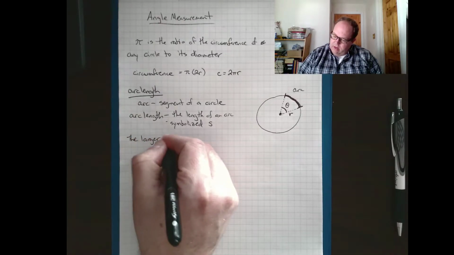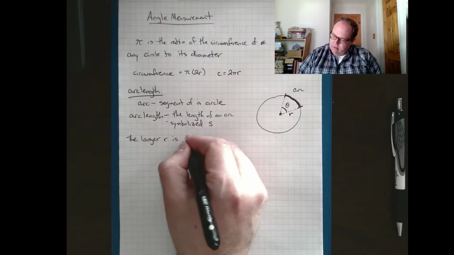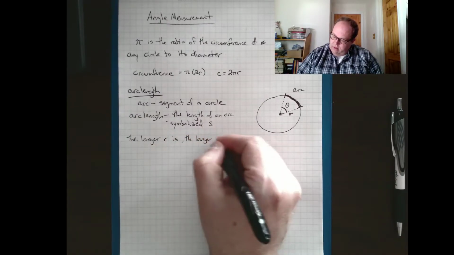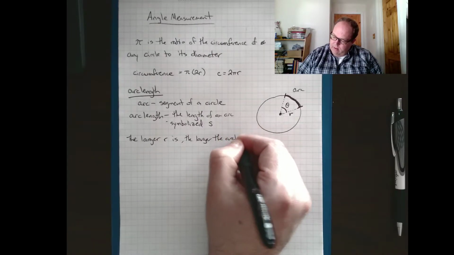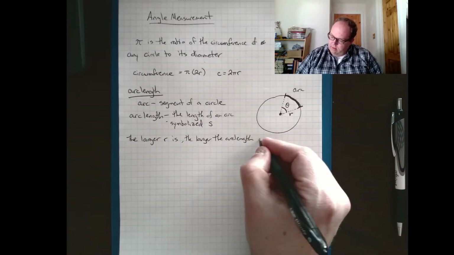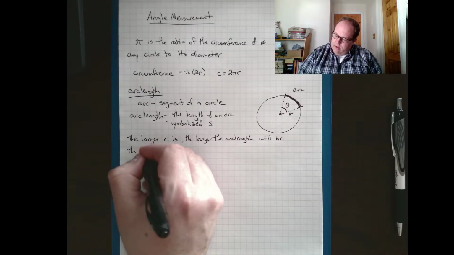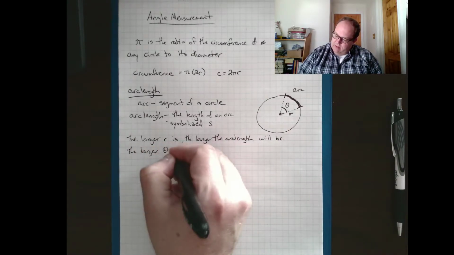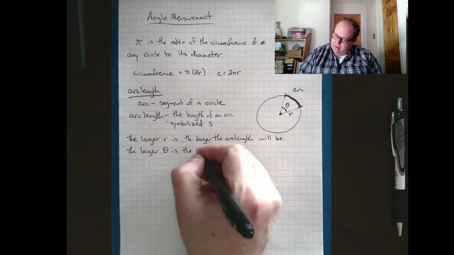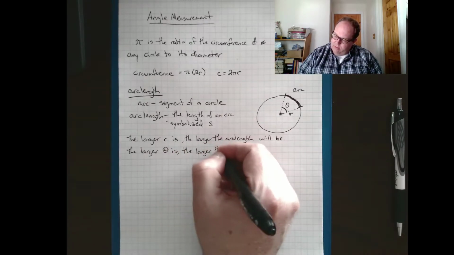The larger r is, the larger the arc length will be. And the larger theta is, the larger the arc length will be.